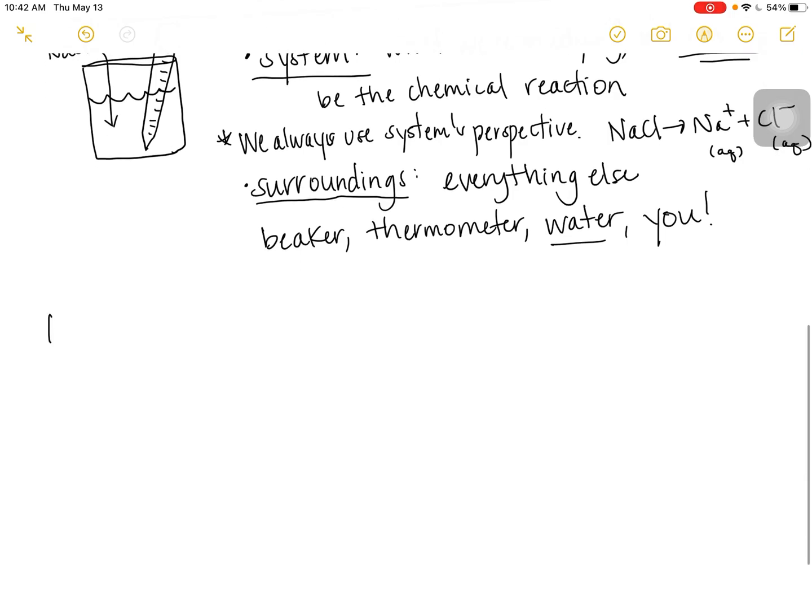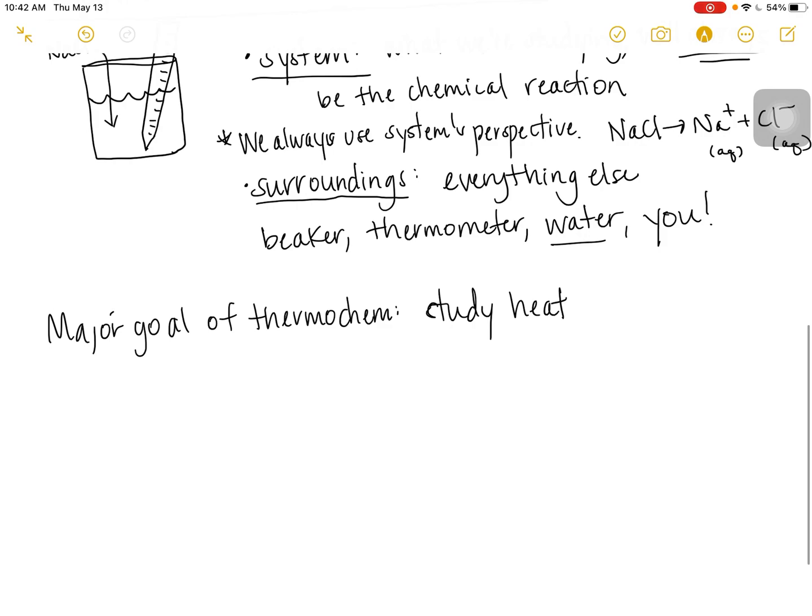Okay, so there's a major goal of thermo. And that is to study the heat flow, I guess is a good word, between the system and the surroundings.